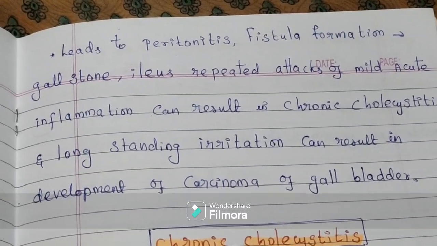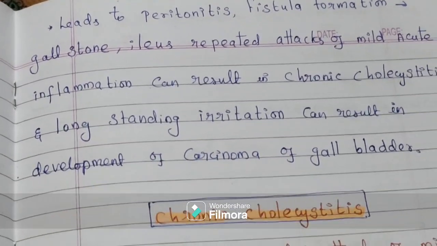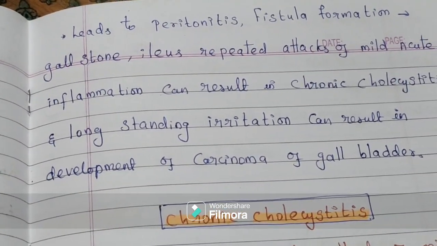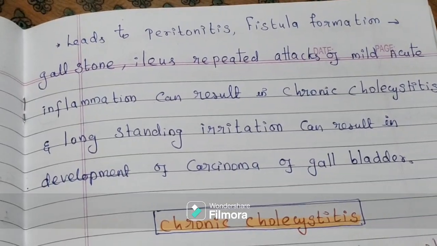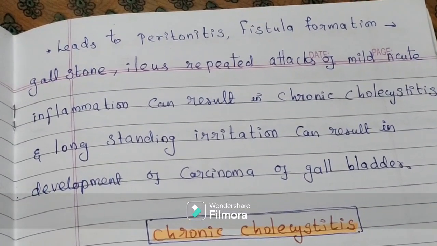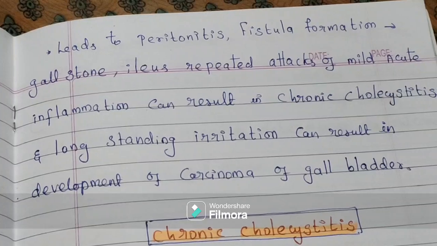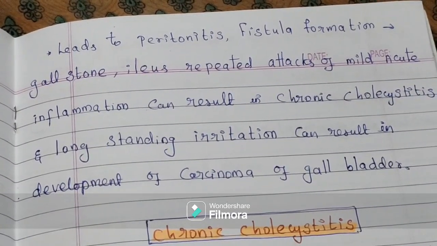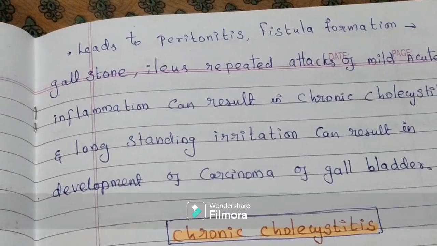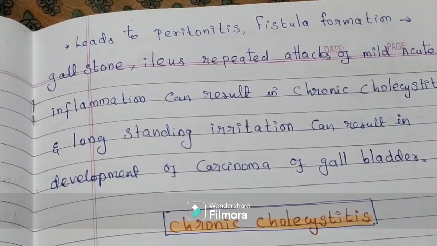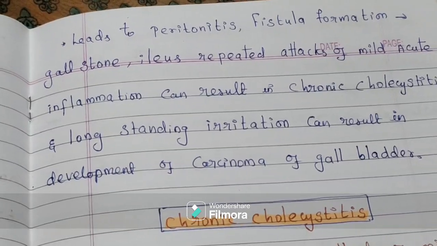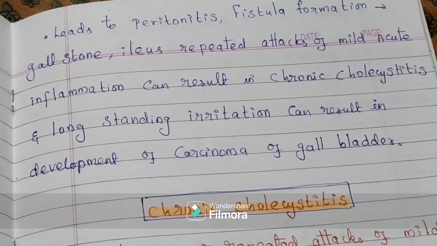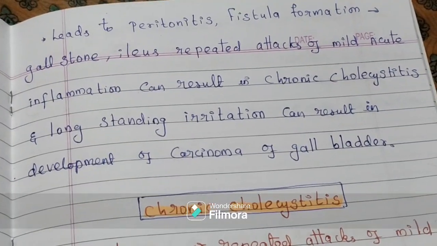Repeated attacks of mild acute inflammation can result in chronic cholecystitis, and long-standing irritation can result in development of carcinoma of gallbladder.